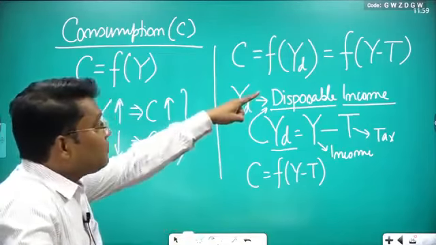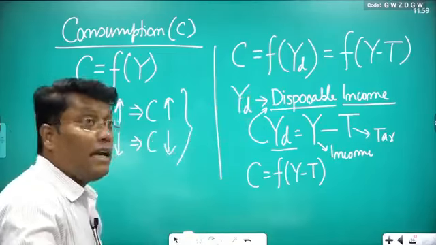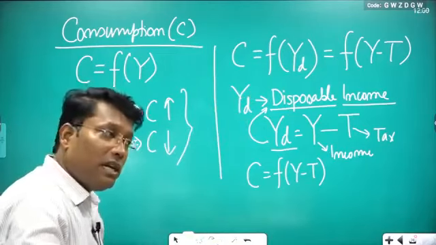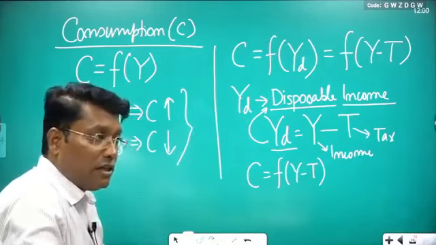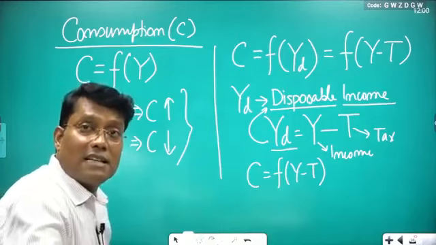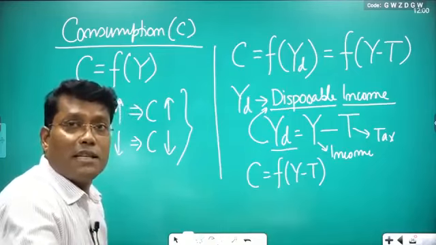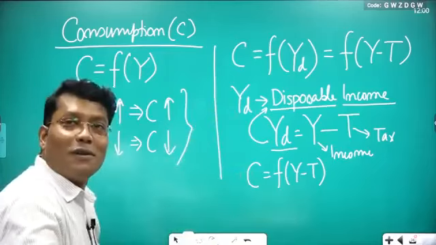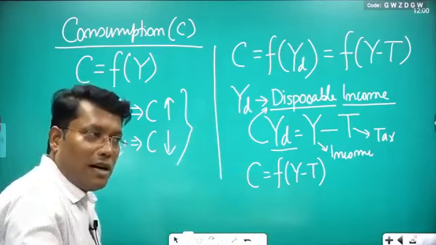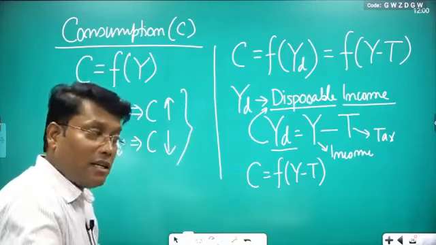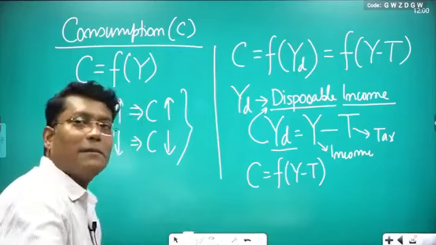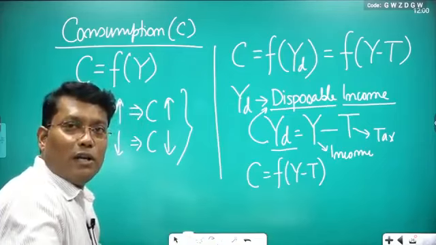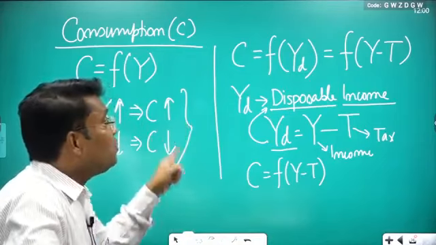If you write in that form, then in any fiscal year, if the government increases direct taxes, suppose income tax, your disposable income is going to fall, because if a higher amount is paid as taxes, a lower amount is left as income. So definitely it is going to decrease your consumption.